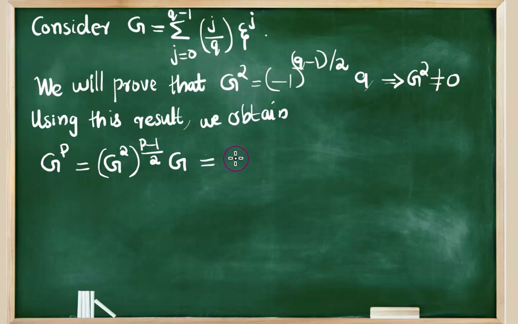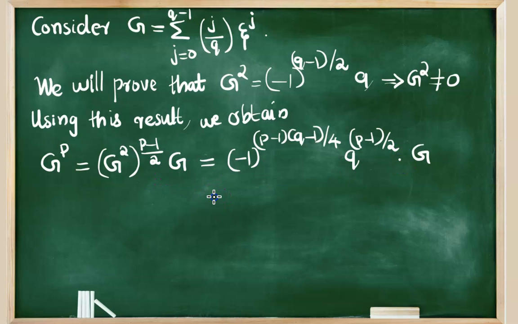So, this is equal to (-1) raised to (q-1)/2, this quantity raised to (p-1)/2, which will be (-1) raised to (p-1)(q-1)/4, into q raised to (p-1)/2, into g. That can be expressed as (-1) raised to (p-1)(q-1)/4 into this quantity q raised to (p-1)/2, which can be expressed as the Legendre symbol (q/p).